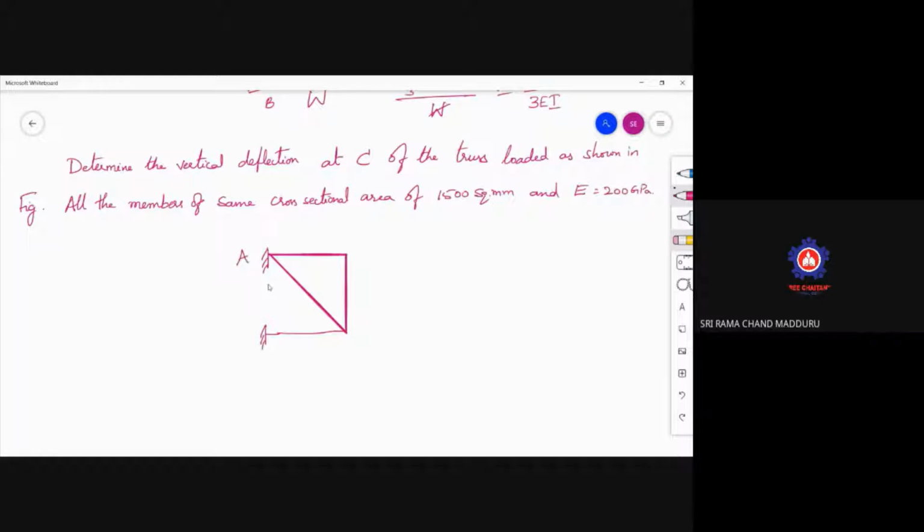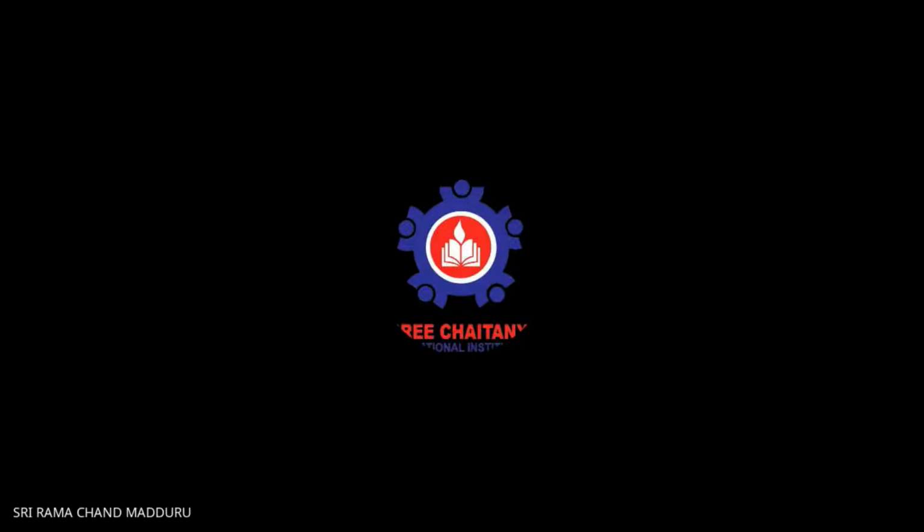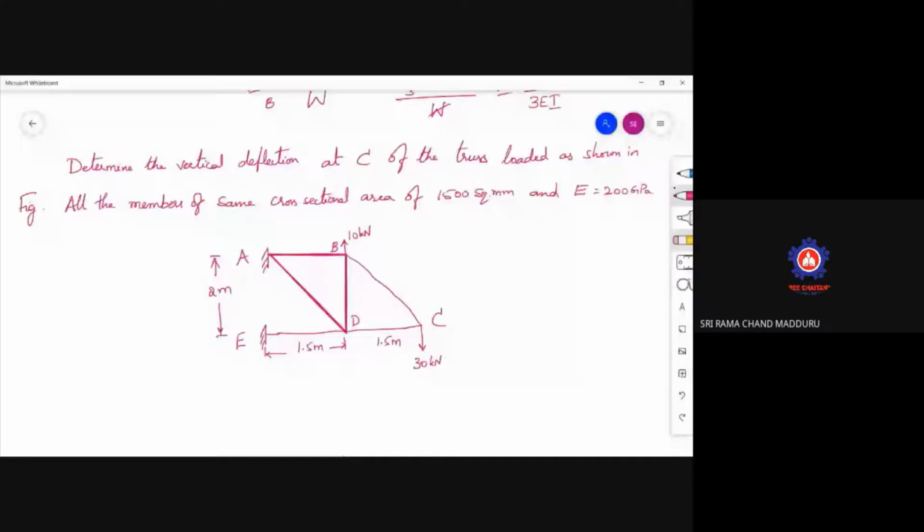This is D, this is E. So we have to calculate the force in the members. Here a 10 kilonewton load is acting in the upward direction.